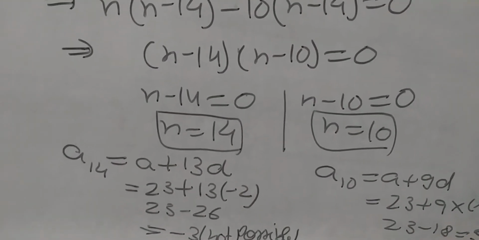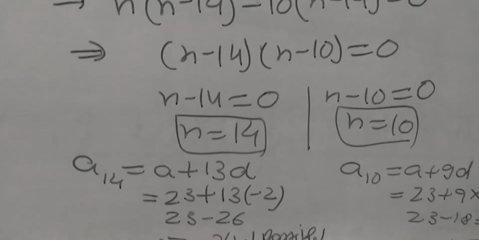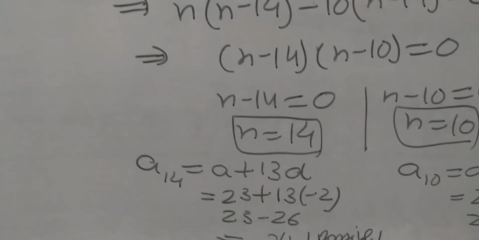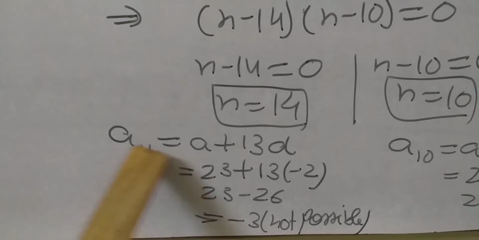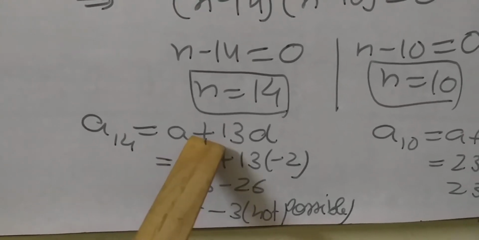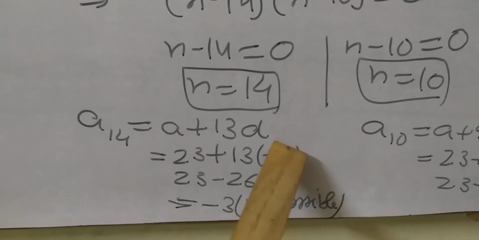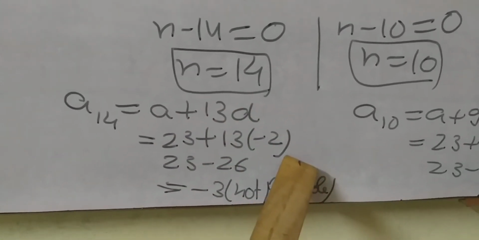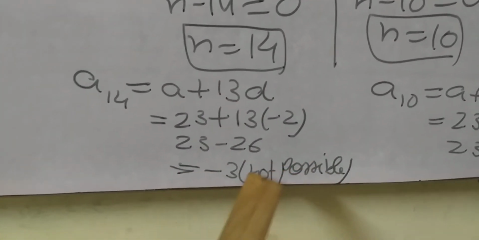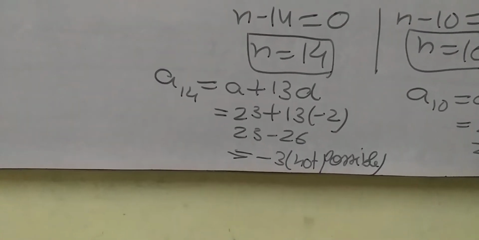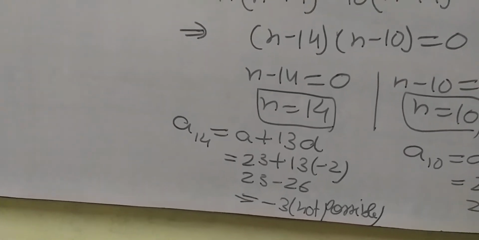For checking the number of rows, let us find out how many rose plants are there in the last row. So we are going to find out a14. a14 can be written as a plus 13d, a value 23 plus 13 into d value minus 2: 23 minus 26 is minus 3, which is not possible because minus 3 cannot be the number of rose plants.